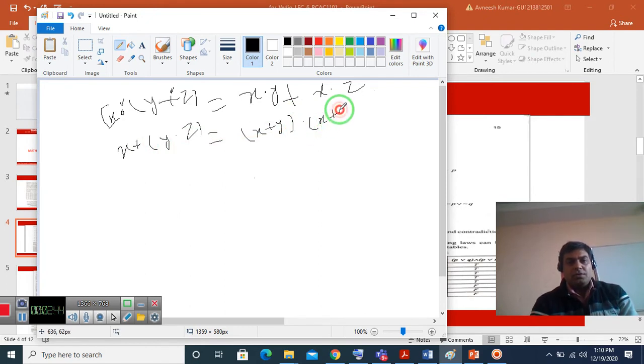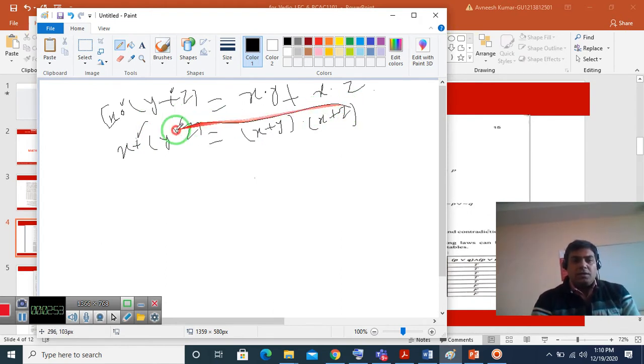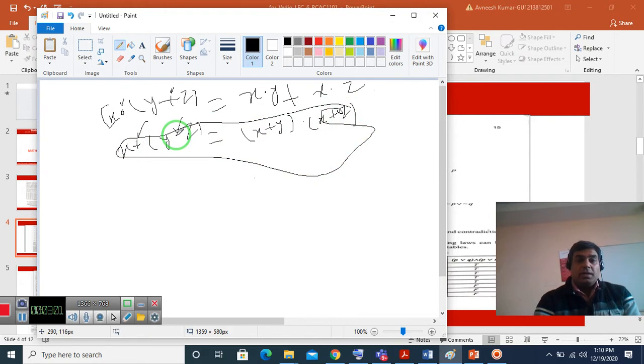This is called plus distributed over the dot. This is a different rule from normal arithmetic, where it is not applicable, but here it is applicable. So plus can be replaced by disjunction and dot replaced by conjunction.